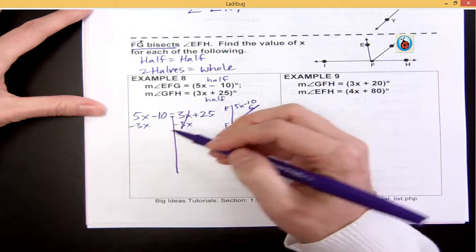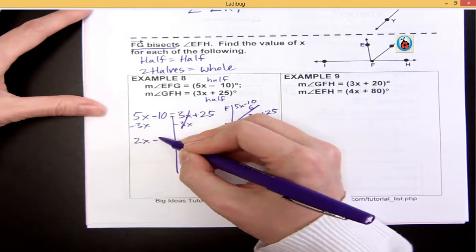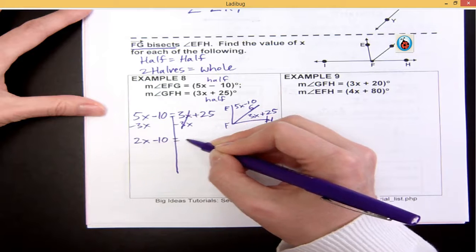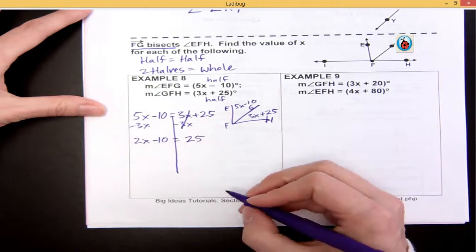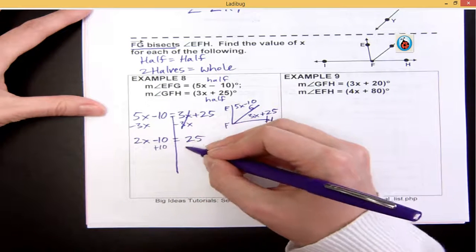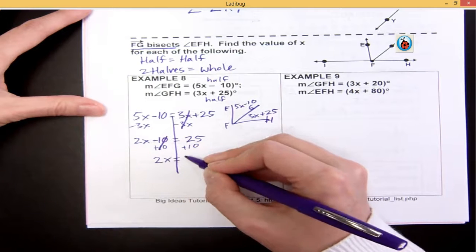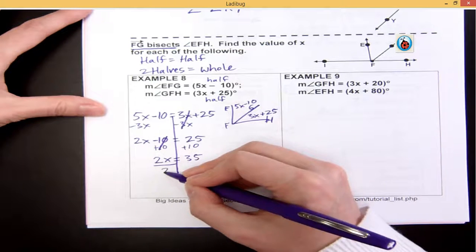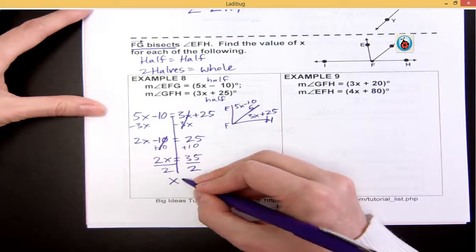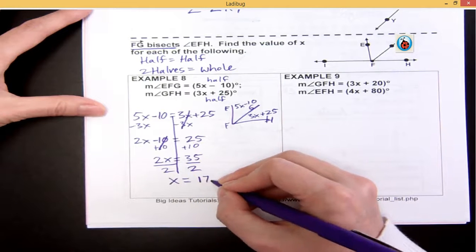So that cancels out. That becomes 2x minus 10 equals 25. Then I'll add 10 to both sides. That cancels out. I'm left with 2x equals 35. And I divide by 2 to get x equals 17.5.